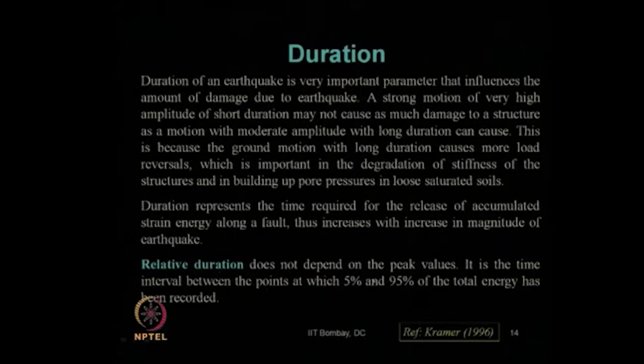It is not dependent on the peak value. Say the peak value may happen within the first 1% or maybe later at 99%, but that need not be considered as a duration, though in duration it is mentioned like that, but relative duration corresponds to these two amounts of release of the total energy.